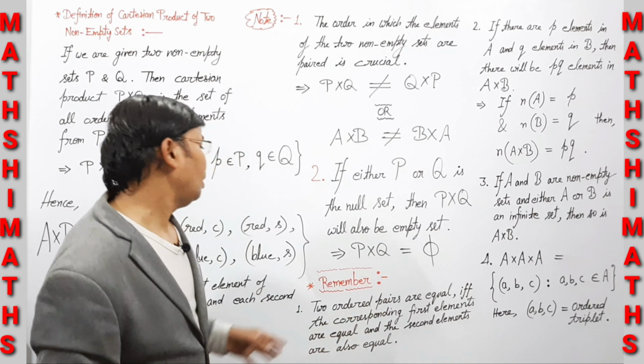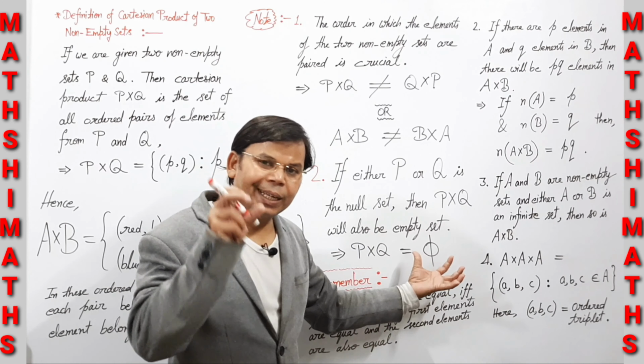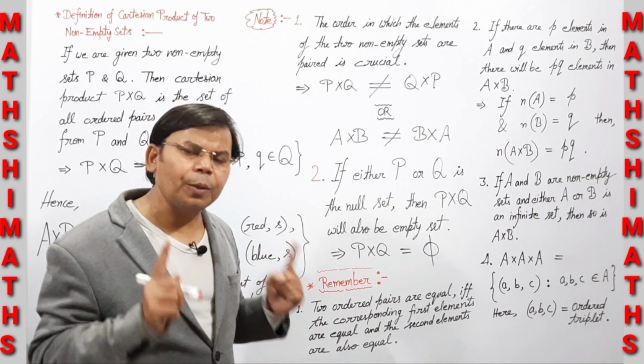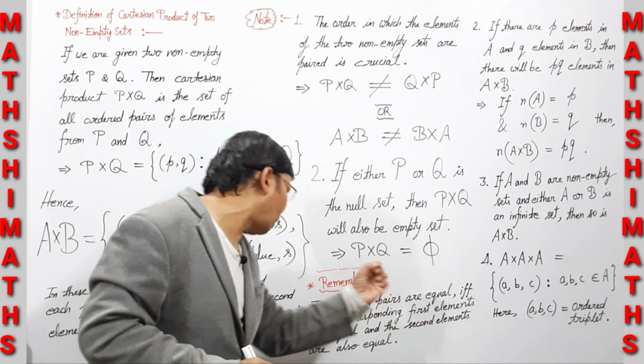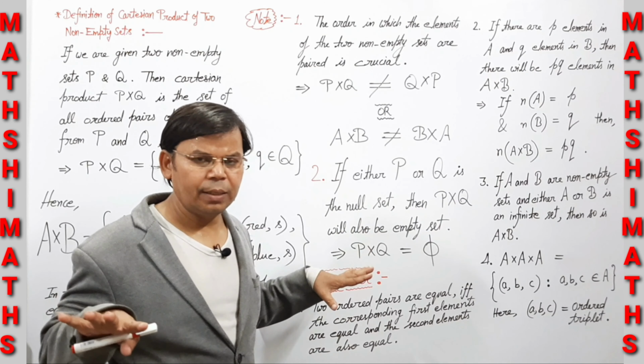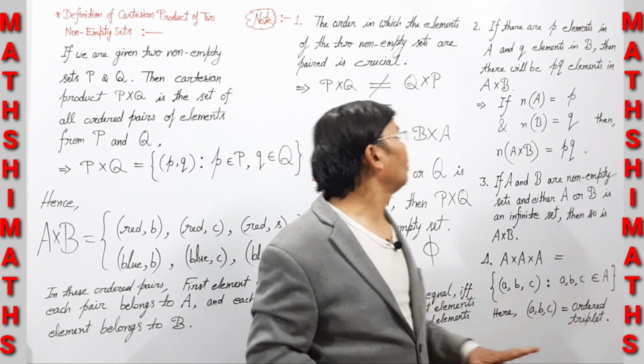It implies that the Cartesian product of P and Q is equal to phi, because phi denotes the empty set. Remember, two ordered pairs are equal if and only if the corresponding first elements are equal and the second elements are also equal. Otherwise, the two ordered pairs are not equal.